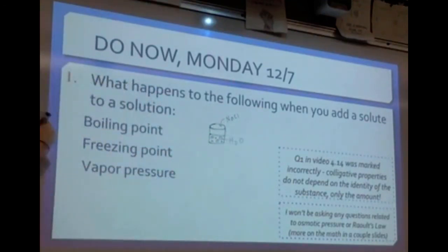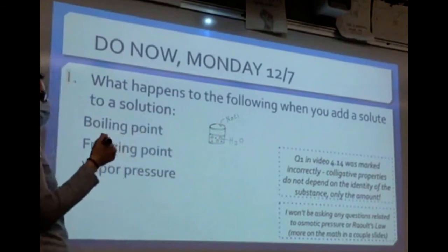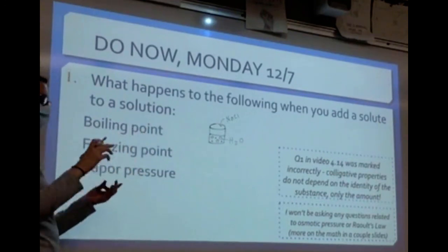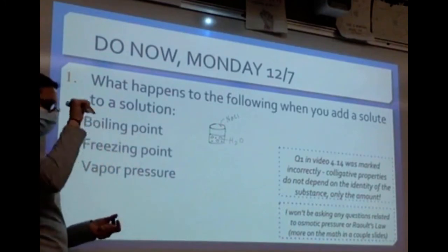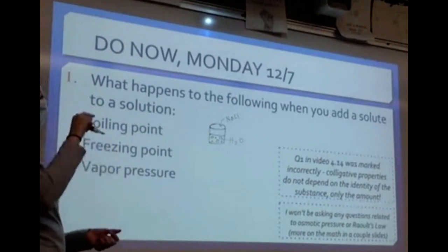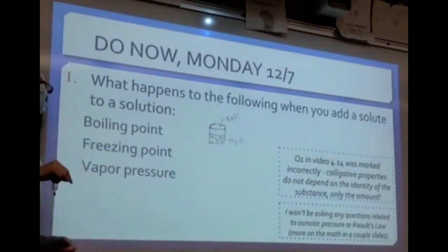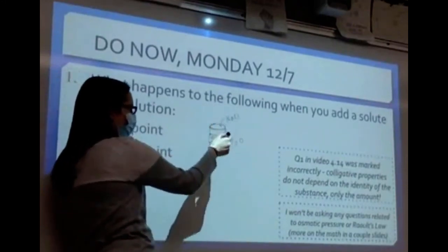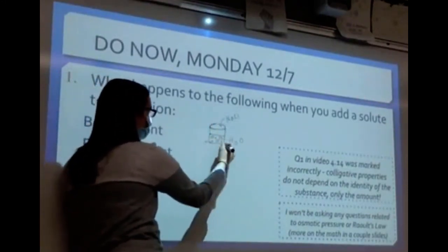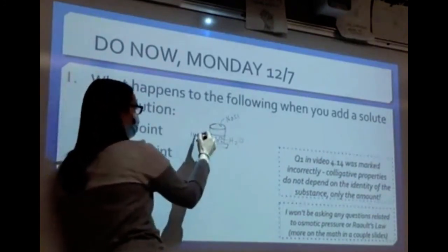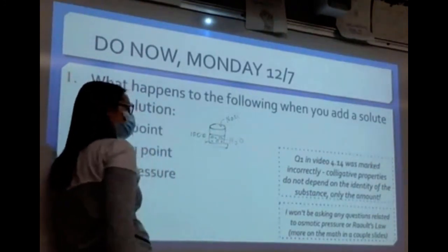Boiling point is actually one of the colligative properties that people, I don't want to say get confused on, but they just mix up because they use what they know from cooking, and they think that it applies to boiling point in a little bit different way. So when you add NaCl to H2O, let's say this is on a hot plate, water normally boils at 100 degrees Celsius.